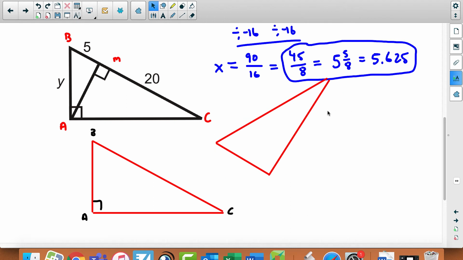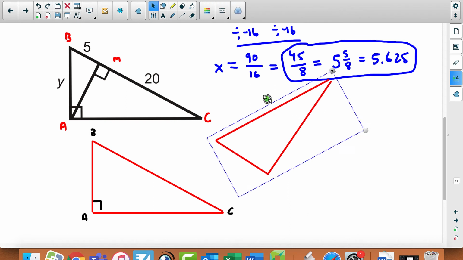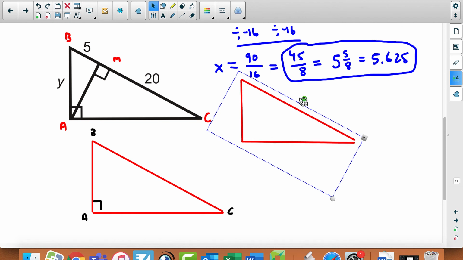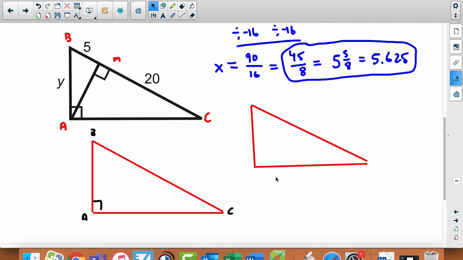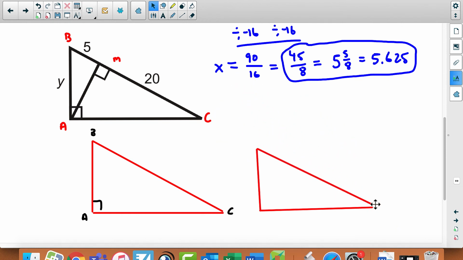Well, I can flip it to there and then spin it, and hopefully you can see that, whoops, I didn't quite join it together there, but hopefully you get the idea. You can see these are similar triangles too. Here's the right angle, which was right here. So that was vertex M right here, and this is my A here, and this is C here.